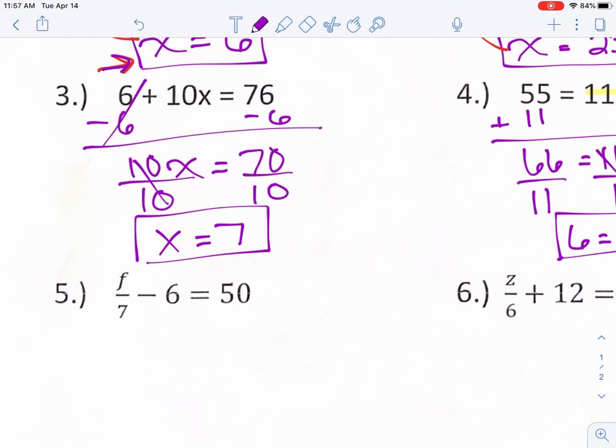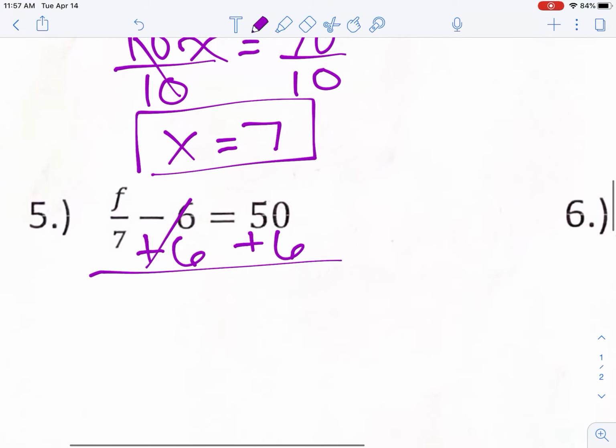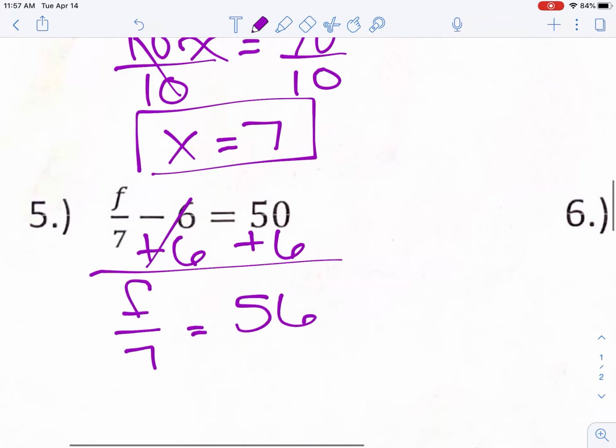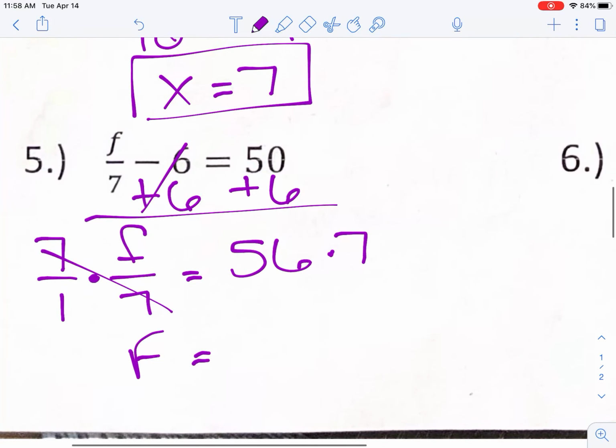Okay, we've got 2 more. Number 5, it says f divided by 7 minus 6 equals 50. So instead of subtracting 6, we're going to add 6 to both sides and get 56. And then something divided by 7, instead of dividing by 7, we're going to multiply by 7 to get that f by itself.